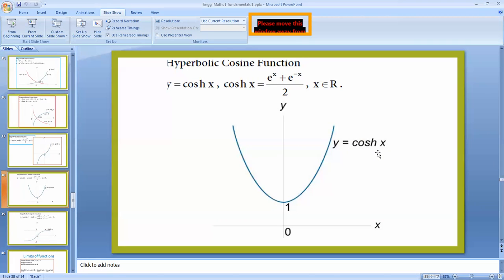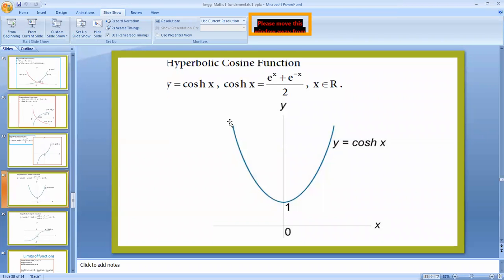Okay. Cos hyperbolic x. Now if you are taking values which are greater than 0, means all points will lie on the right side of this curve. Am I right? And when you are taking values for x which are less than 0, all values will lie to the left of that curve.